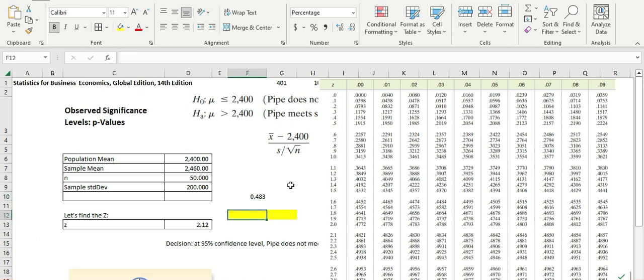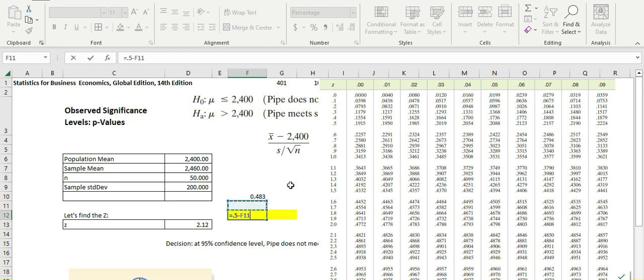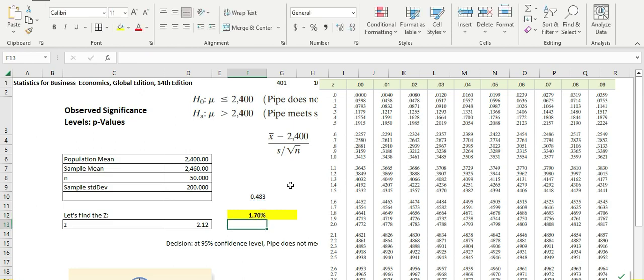So how do we find out the p-value? The p-value is just 0.5 less the value of the z, the z equivalent value. So it's 1.7%.